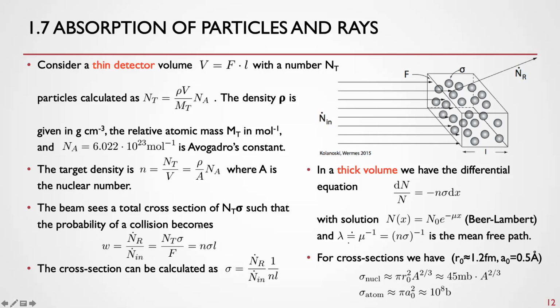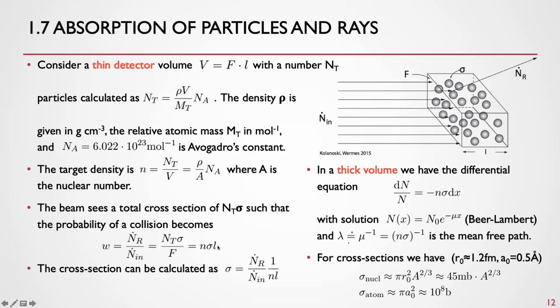We can also compute this geometrically as the total cross-section area the incident particle sees, which is the number of particles times the cross-section of the individual particle, divided by the unit area. If we insert the number of target particles as given above, we find that this is n, the density, times sigma times L.